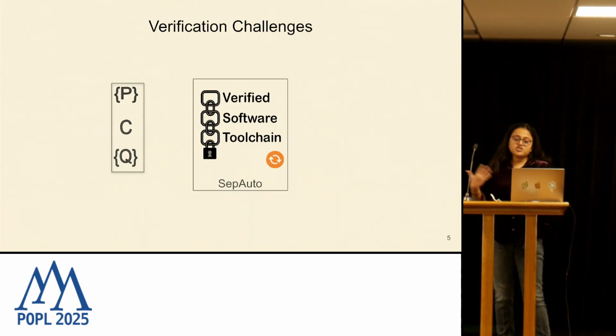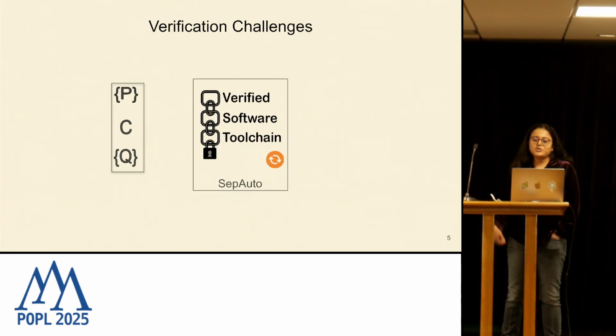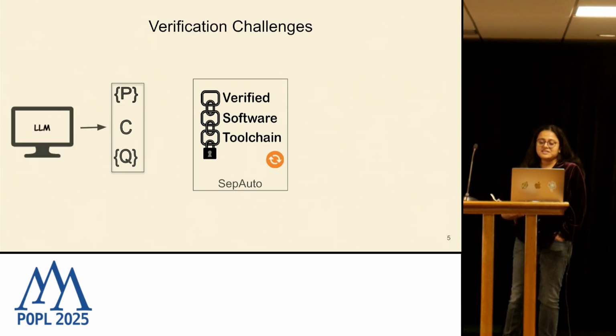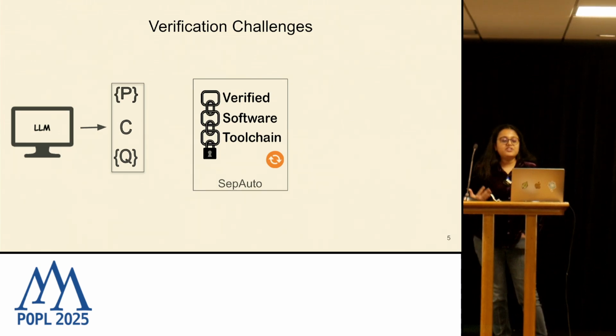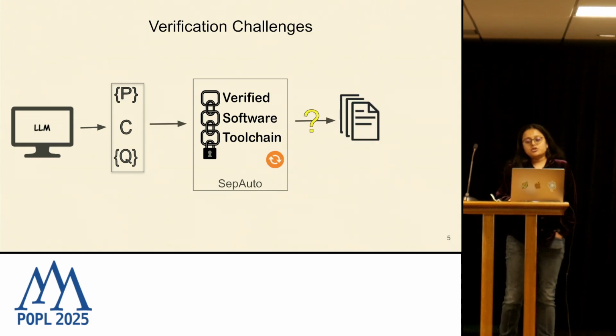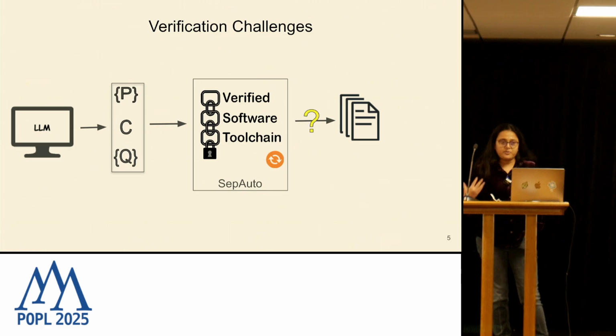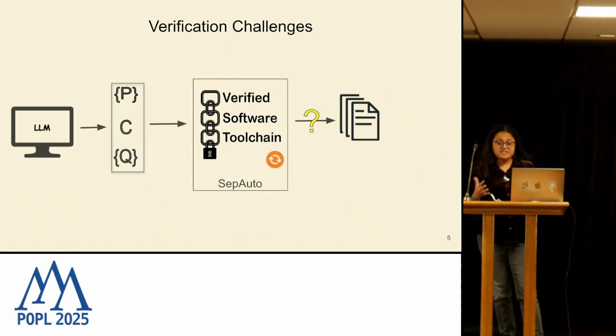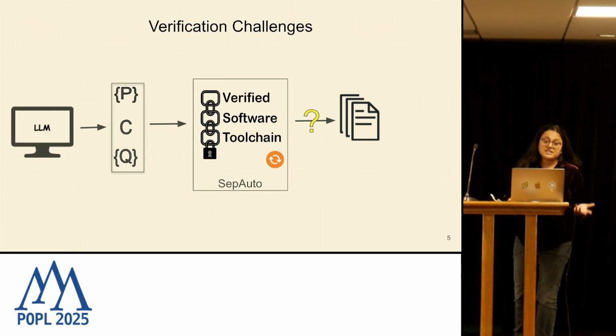So this verification comes with a set of challenges. Given a Hoare triple {P} C {Q}, where C is the program synthesized by the LLM, we use VST and incorporate some automation on top of it to verify the generated C program. But since this is a very rich set of specifications we are dealing with, it can produce a set of unresolved goals.